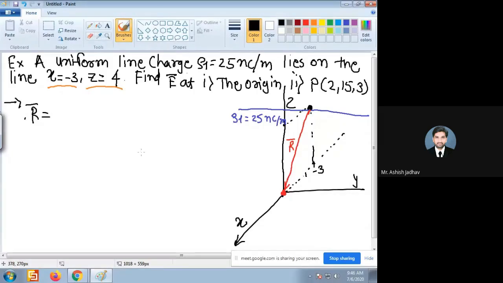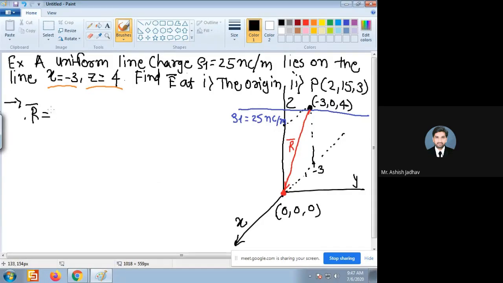What are the coordinates? The coordinates of origin are 0, 0, 0. What are the coordinates of this point? This point is -3, 0, 4. So if you know the coordinates, you can find out the vector R bar by doing the subtraction.